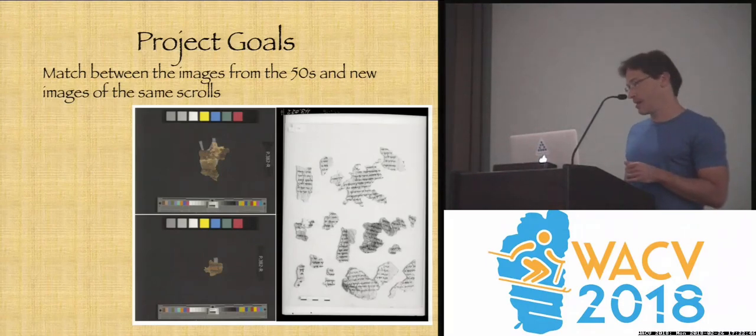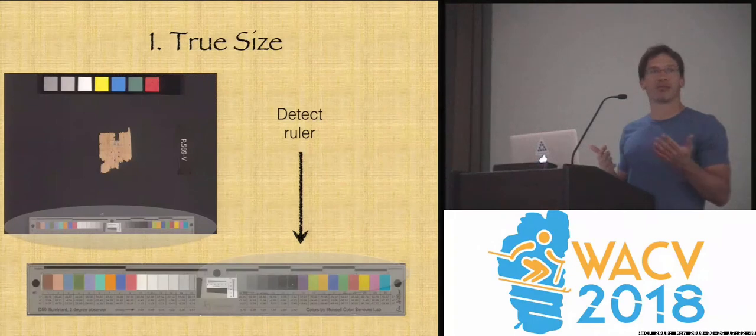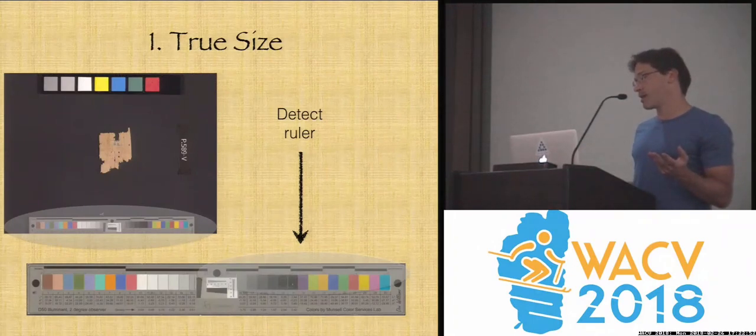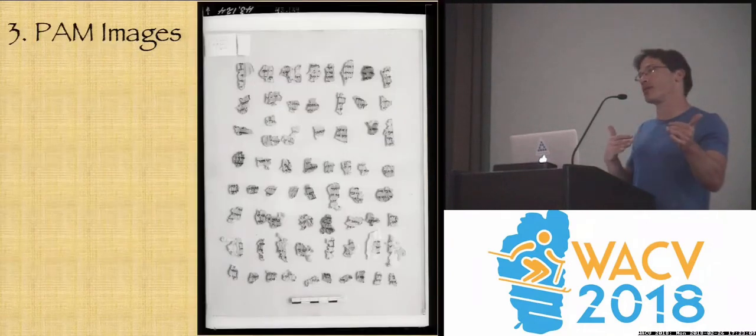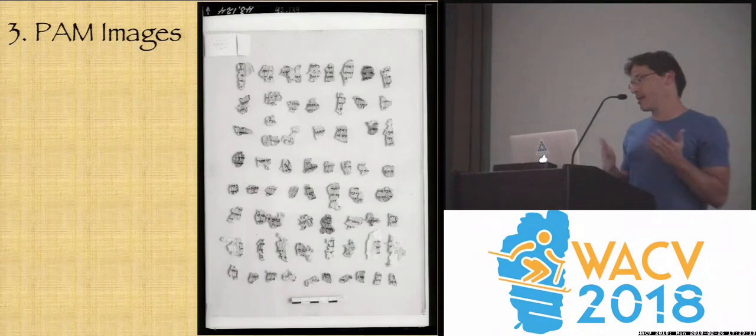So what we do, basically, is apply classical computer vision over here. We detect the ruler so that it is going to one day analyze these images. They were captured in kind of a hurry and they're not of great quality.